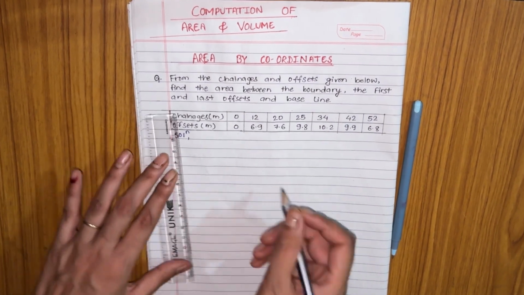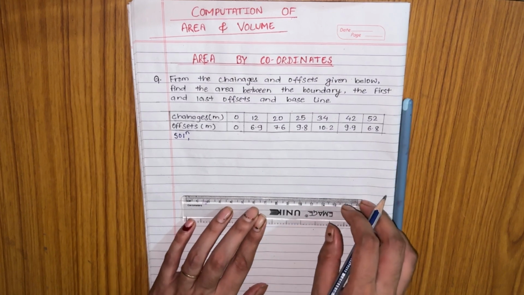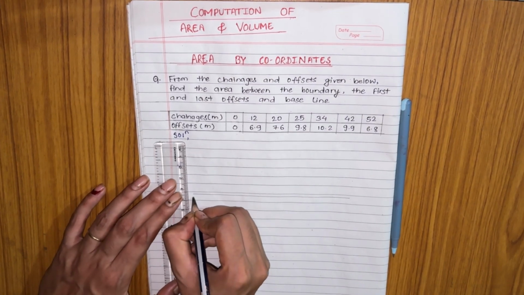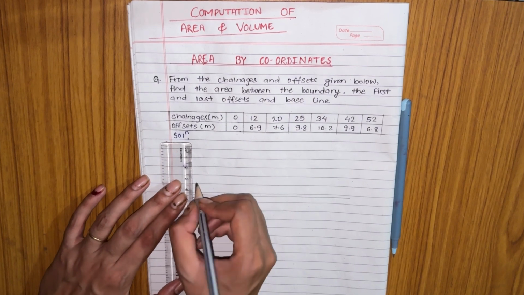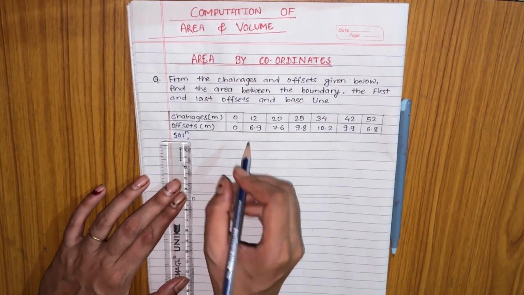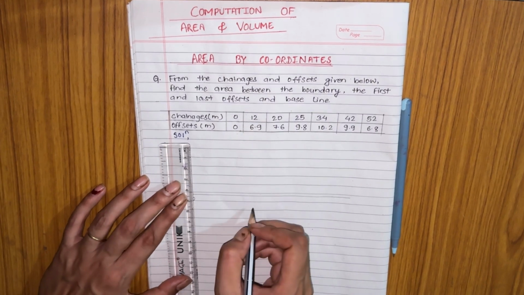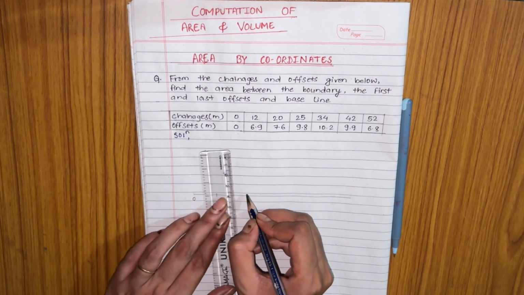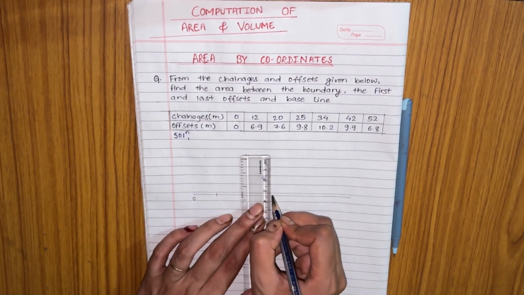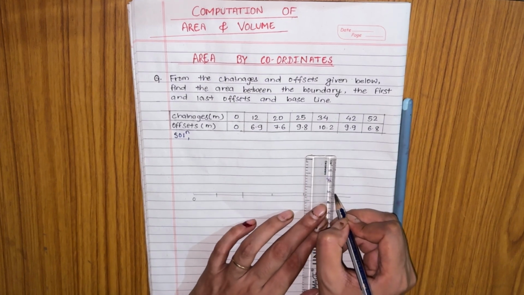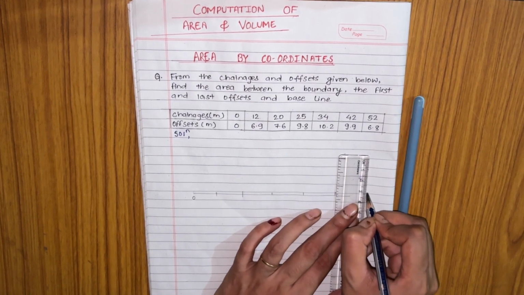So we will draw here a rough sketch. Vertical will be the offsets here. So let us consider this as an origin. Then we have at origin this is 0. At chainage of 12, 20, 25, 34, 42 and 52.